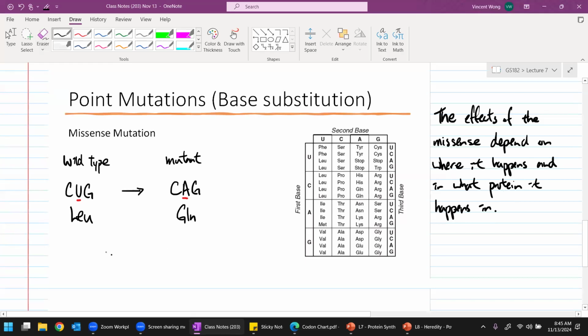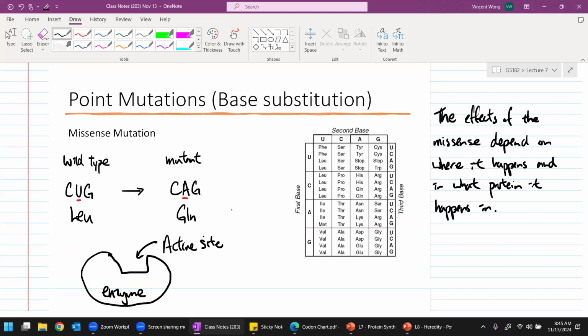For example, some proteins, as you know by now, form enzymes. An enzyme has a pocket, which we call the active site. If the missense mutation happens in an amino acid that's forming the active site, then that could be a problem because it might change the shape of the active site and you will no longer be able to fit the substrate in it.